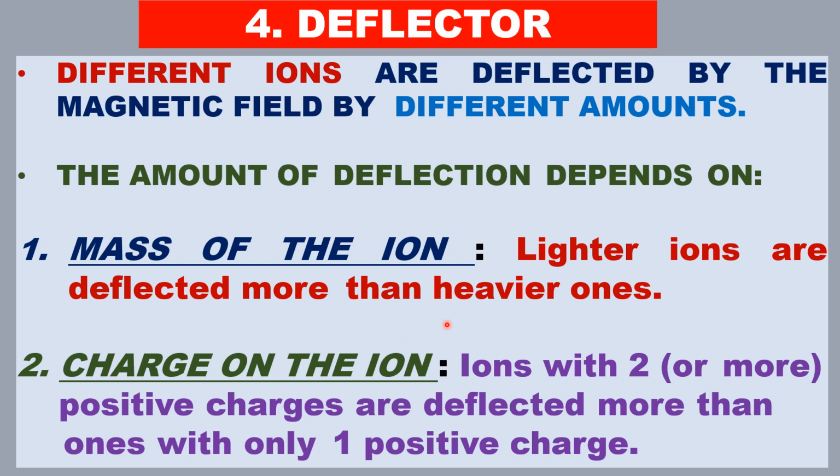Okay, so M by Z ratio. Lighter the ions, more the deflection. So lighter ions are more deflected than the heavier ions. Then charge on the ions. More the charge, more the deflection. For example, ions with 2 or more positive charges are deflected more than ions with only +1 positive charge.